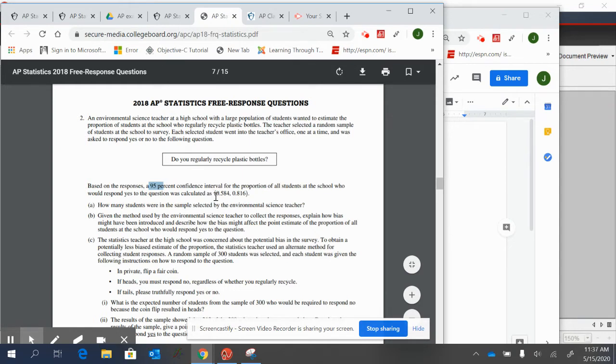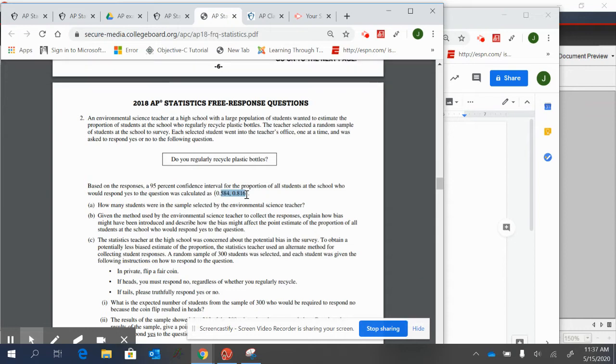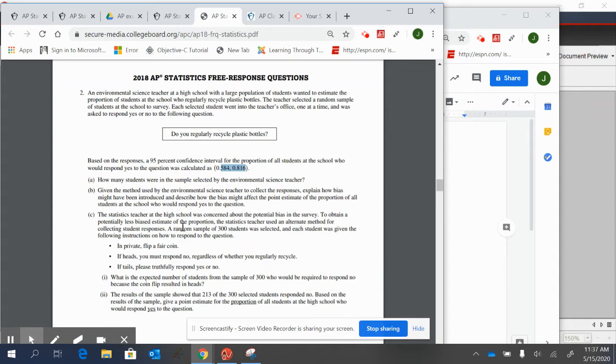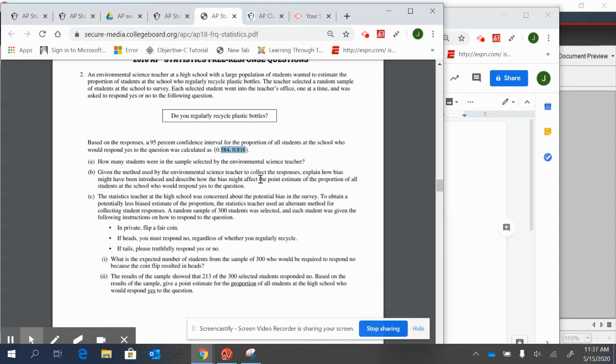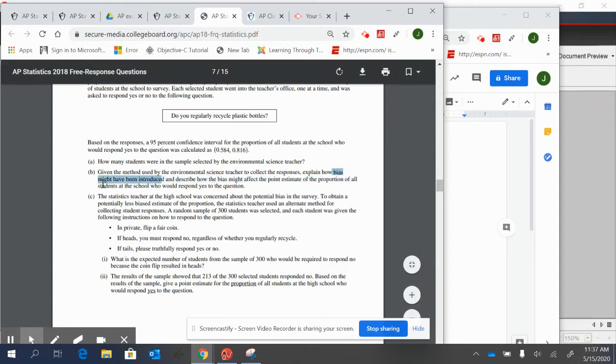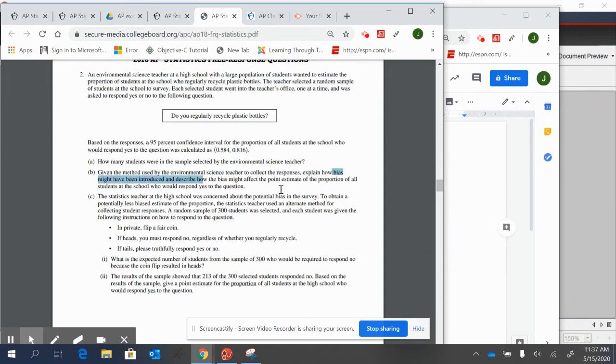Because of how wide the interval is, we will be able to get the sample size in a minute. So that's good. All right, method used. Bias, there we go. That's what I was interested in for Chapter 3. Explain how bias might have been introduced. We're going to talk about that in Part B, it looks like.